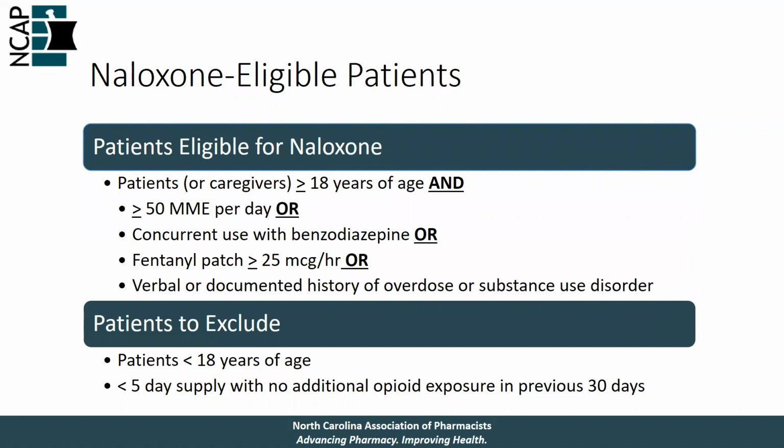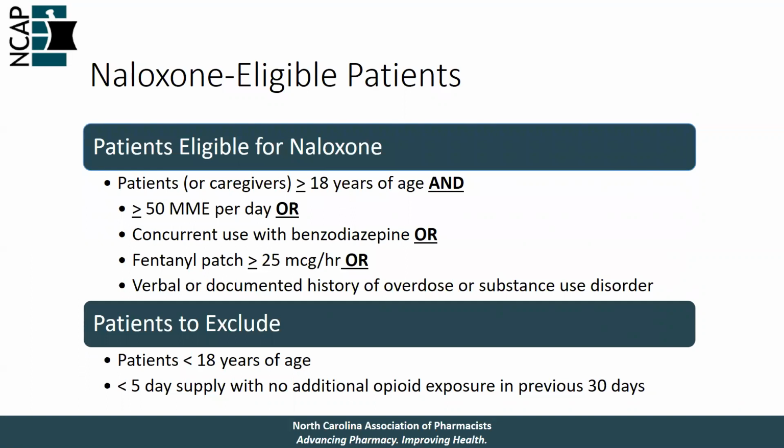So again, 50 MME or higher, the morphine milligram equivalents, or they're taking an opioid and a benzodiazepine, or, for simplification, a fentanyl patch of 25 micrograms per hour or higher, or they have a verbal or documented history of an overdose or substance use disorder. And while we don't always have this documented history of overdose at the community pharmacy, it is important to include this, because if we had access to that information, we certainly want to offer to dispense naloxone for these patients.